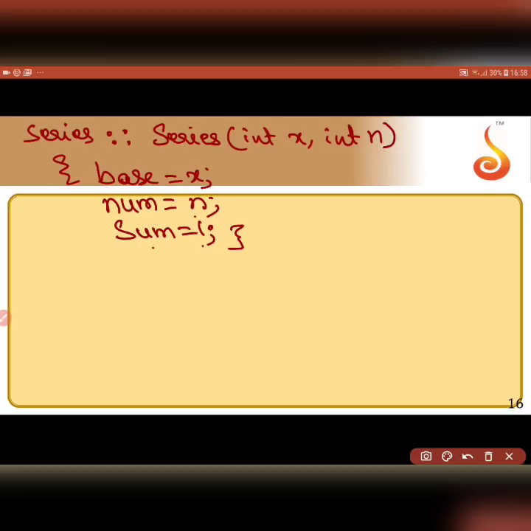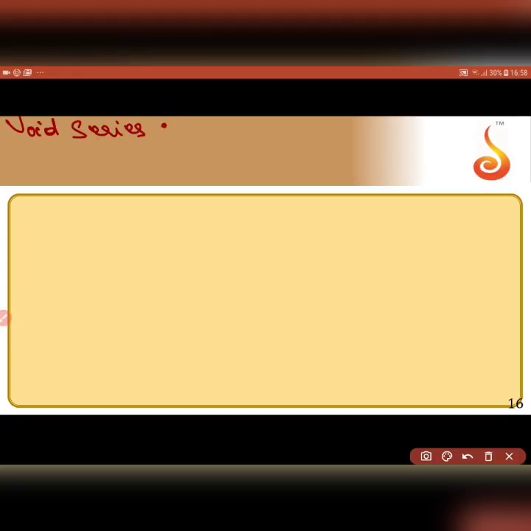Next, let me write my calculate function. How do I write it? The return type void, then series, the name of the class to which it belongs, and the name of the function, calculate. So I have also declared one more variable called t, right? t is equal to base. So what will the base value have? The x value is nothing but the base value, whatever I had passed.